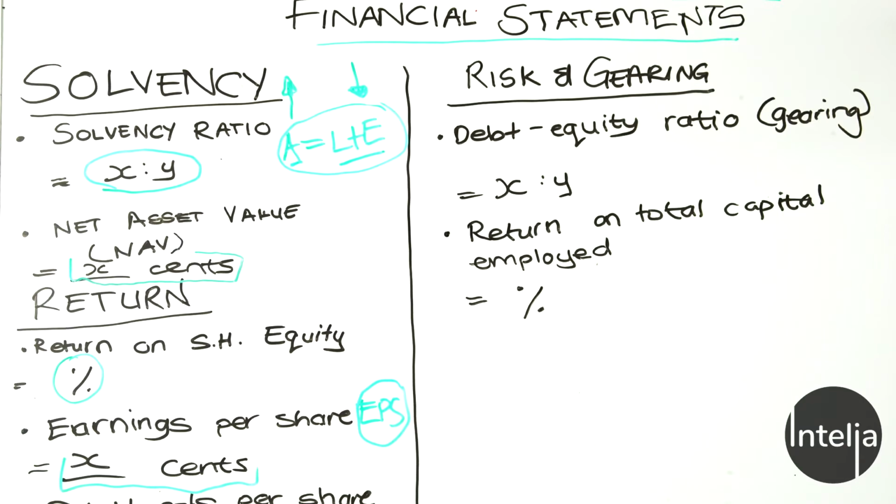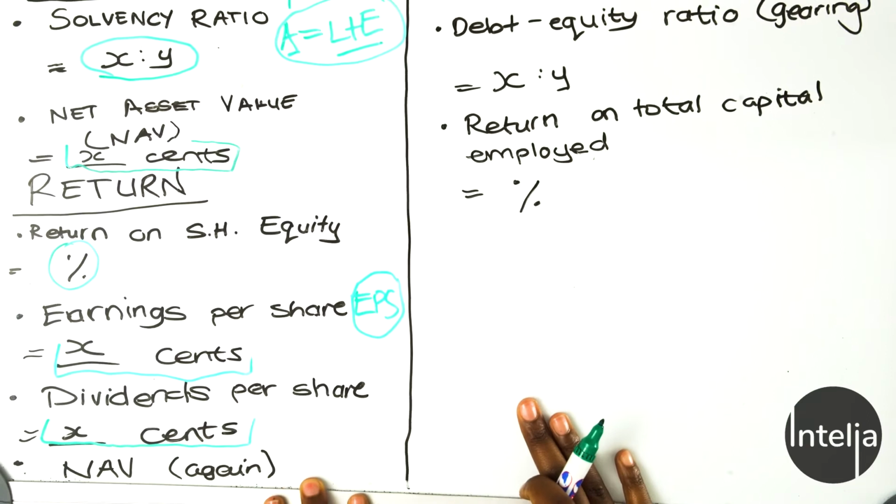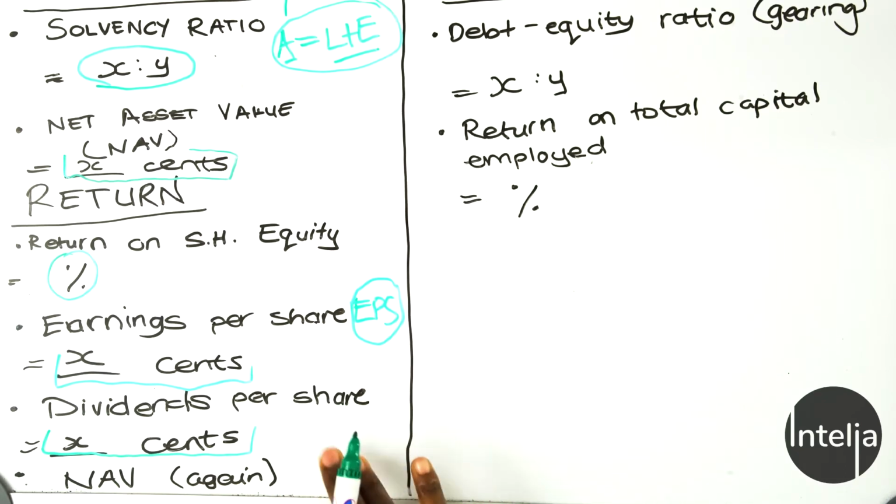My bad, guys. You couldn't see this whole time. Then the net asset value, NAV. I told you that it was going to overlap from solvency and then come to return, right? This represents the intrinsic value of the share, a more realistic value based on the performance of the undertaking over the years and the growth of the business, including acquisition of assets and additional shares being issued.